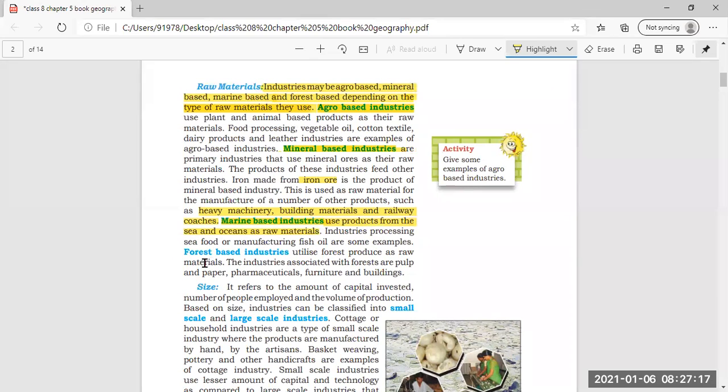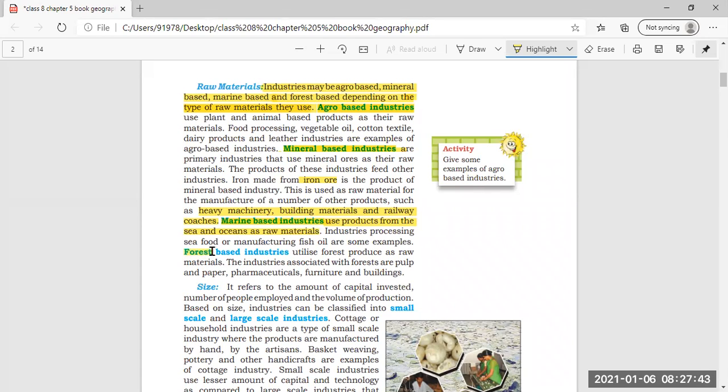What will we get from the seas and oceans? Seafood only, like manufacturing fish oil and all. They are examples of marine based industries. Fish oil is produced from fish. So the raw material we get is from the sea and ocean.